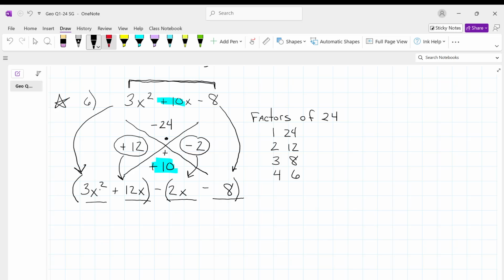We're going to factor the first group. So we're going to factor out a 3x, and we're left with x plus 4. We keep the minus sign. We're going to factor this second group. The greatest common factor of 2x and 8 is 2.